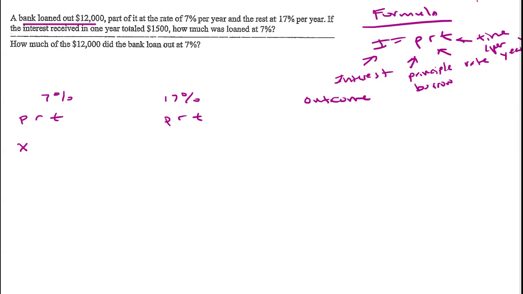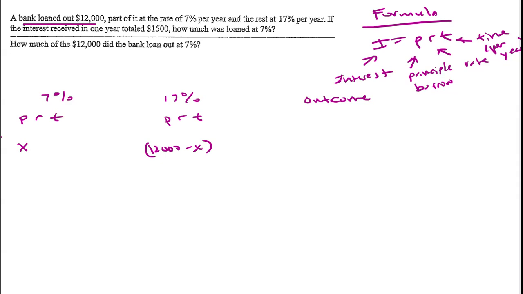In this case they're letting them borrow $12,000, so that will be 12,000 minus X. That's what P is representing: X for the 7%, and then the rest for the 17%, 12,000 minus X.